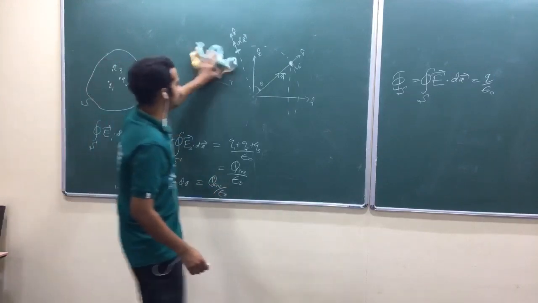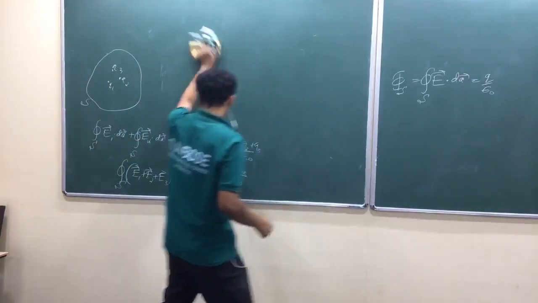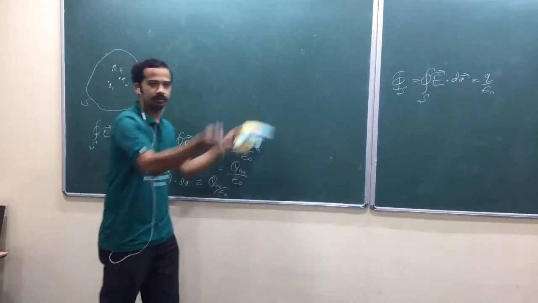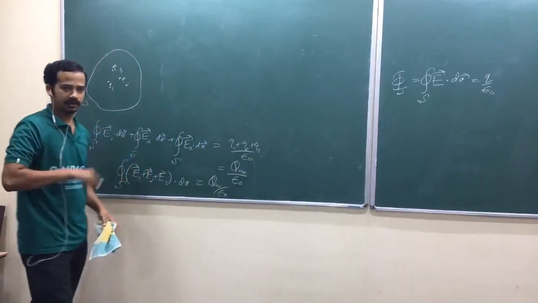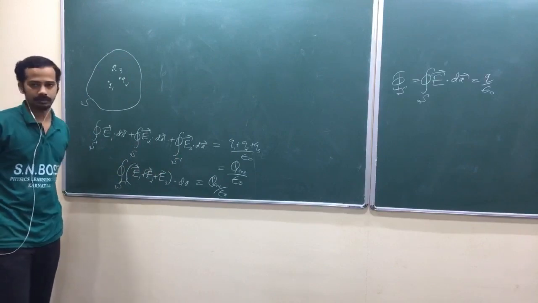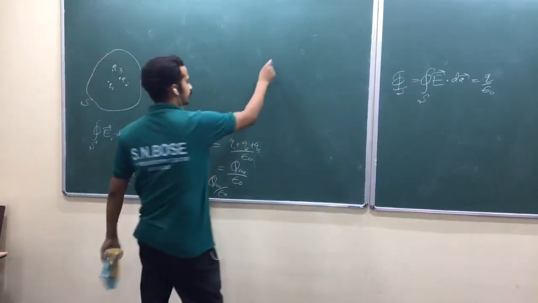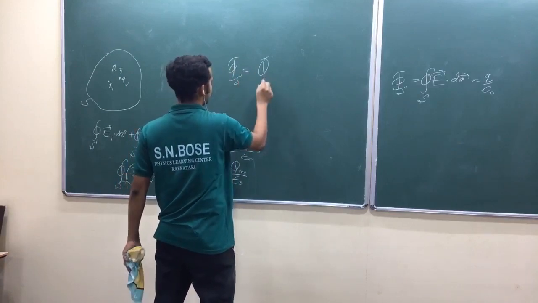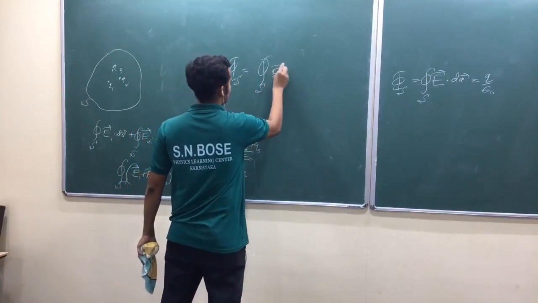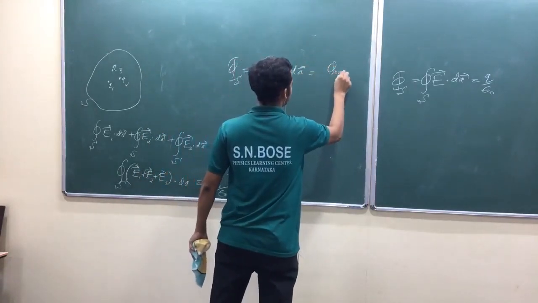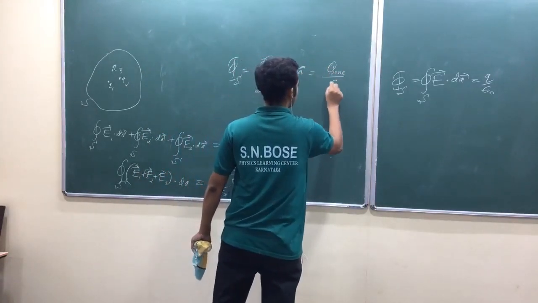Now I can generalize this one. What is this one? Net electric field. Am I right? So find net electric field over the surface and surface integrate that throughout the closed surface. That's equal to Q enclosed by epsilon naught. So net flux through the surface, E bar dot dA bar, is equal to charge enclosed by epsilon naught.